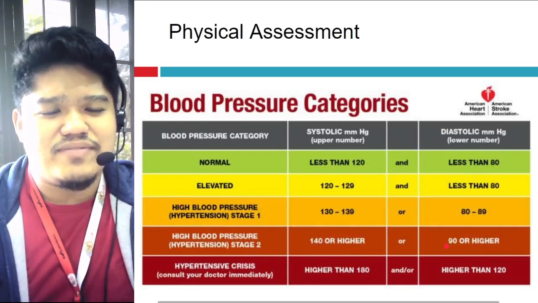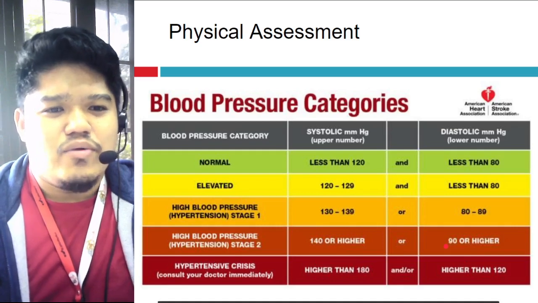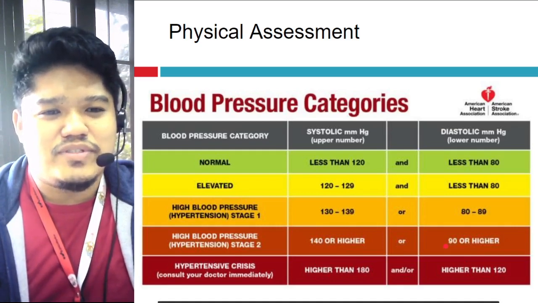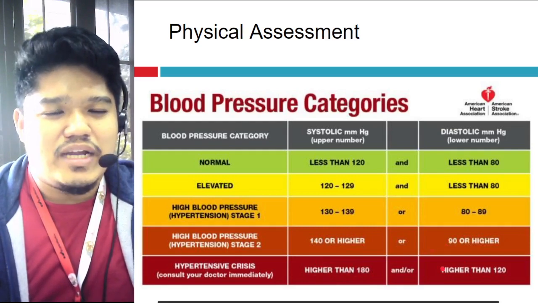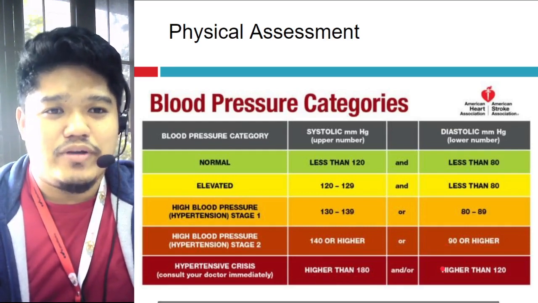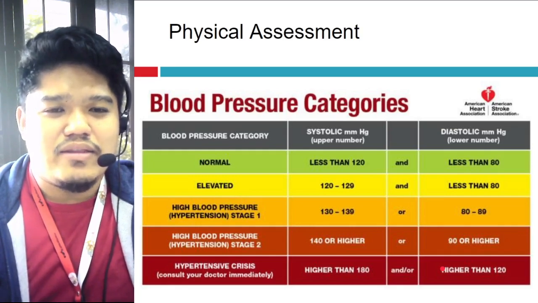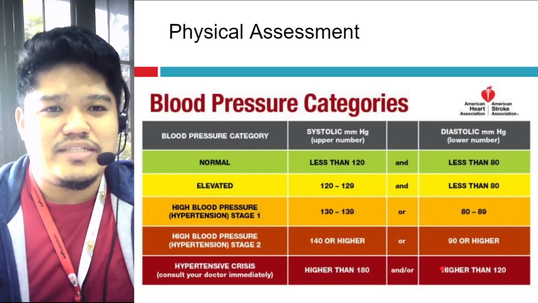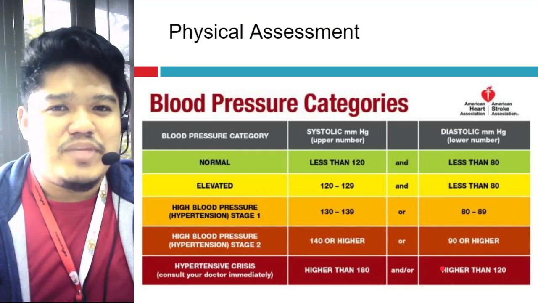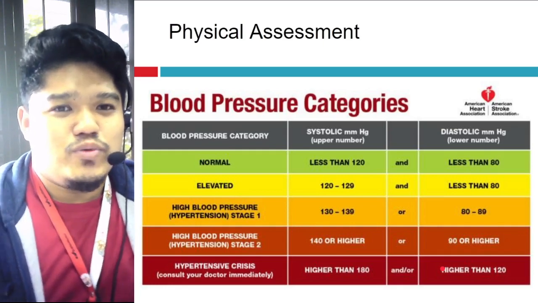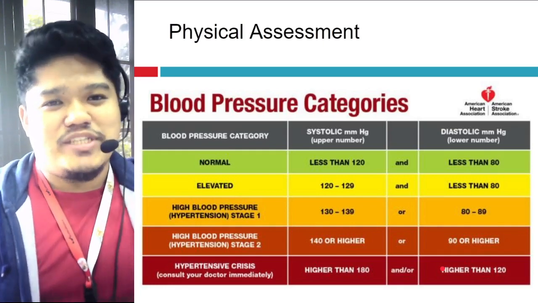A hypertensive crisis is considered when the blood pressure of the patient falls higher than 180 millimeter mercury over 120 millimeter mercury. We can take note that there is a slight difference between the measurement of the two blood pressure categories that I have presented.